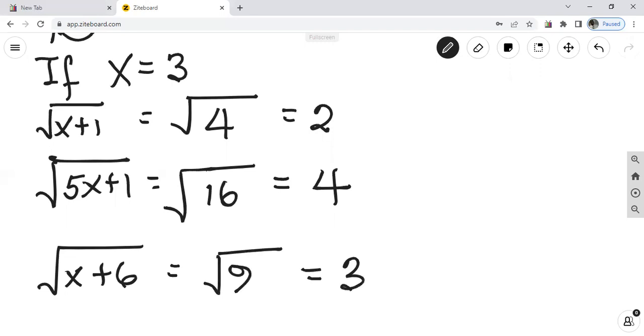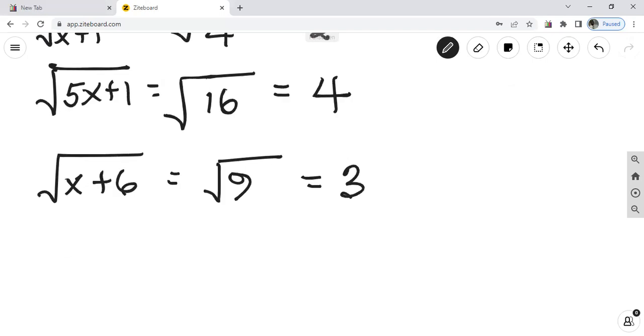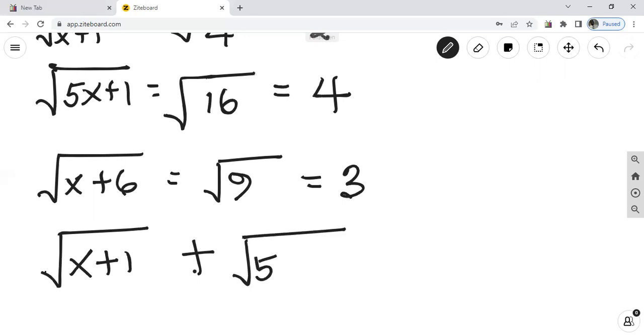So we want to confirm whether the left-hand side of the equation gives the right-hand side, and then we can confirm that x equals 3 is the solution. Remember, the left-hand side of the equation, that is the problem given to us, is the square root of x plus 1 plus the square root of 5x plus 1.